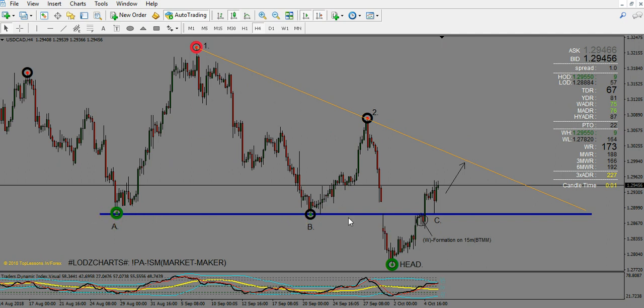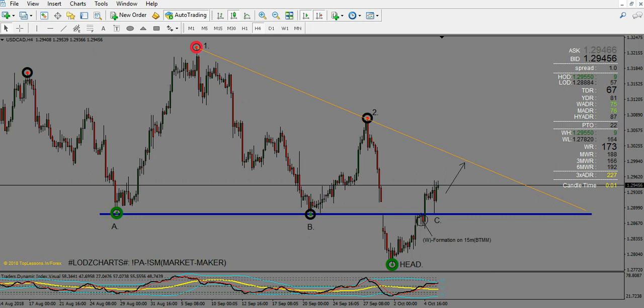Point A, point B, point C, there's your head playing out. You expect it to retest or break this resistance trend line. So we're going to see how that plays out going into the new week. So looking out for that, guys. Let's see how it's going to play out.